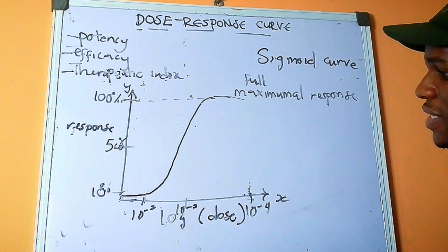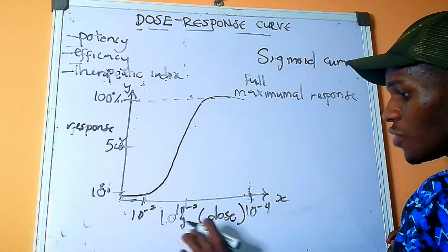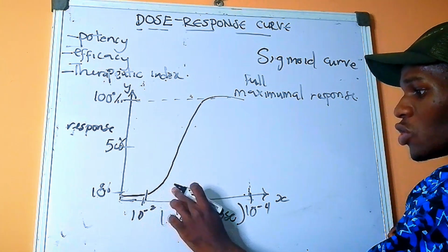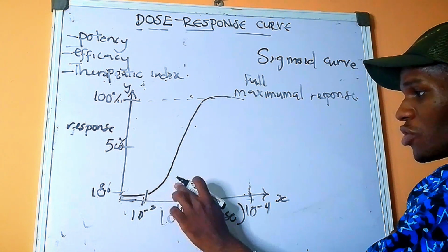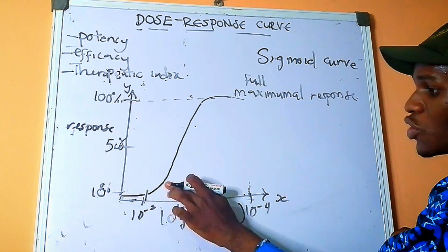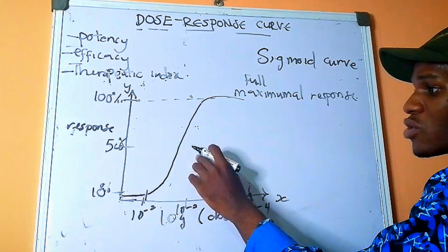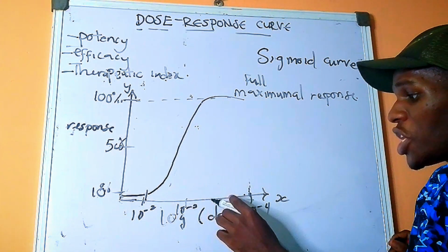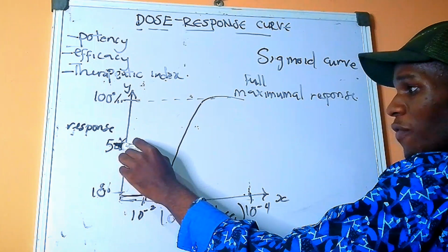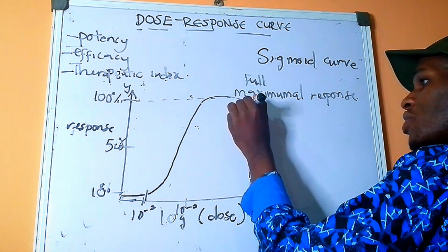Now if you look at this, here we can see that at 10 raised to power minus 2 concentration or dose of the drug, there is no noticeable response. Increasing the dose or increasing the concentration of the drug at the receptor sites, there is a noticeable response and there is a steep slope. This steep slope corresponds to an increase in dose leading to a corresponding rise in response of the drug.